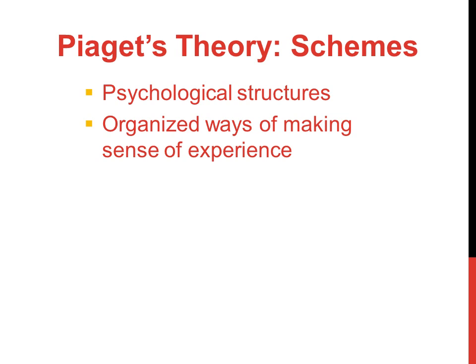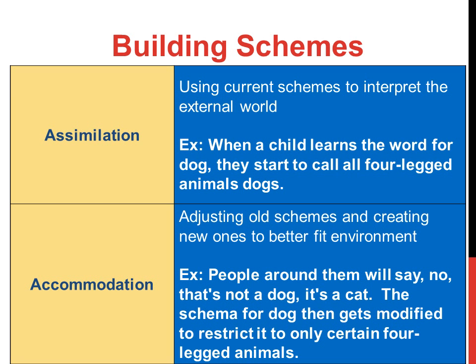So for example, you might have a schema about animals, okay? And so animals represents this broad term, and from that category, we try to organize and understand our experiences with animals. So within that broad category, we might have subcategories about farm animals or zoo animals or something like that.